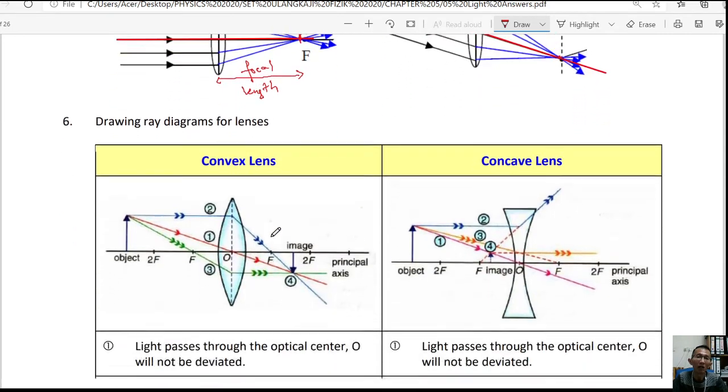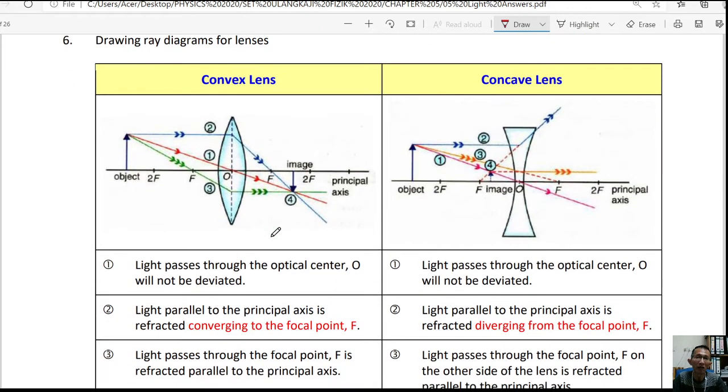Next is how do we draw ray diagrams for lenses. Just like mirrors just now, we have convex and also concave. Before we move on, remember that when light travels from a dense area to a less dense area, the light will be deflected away from the normal.